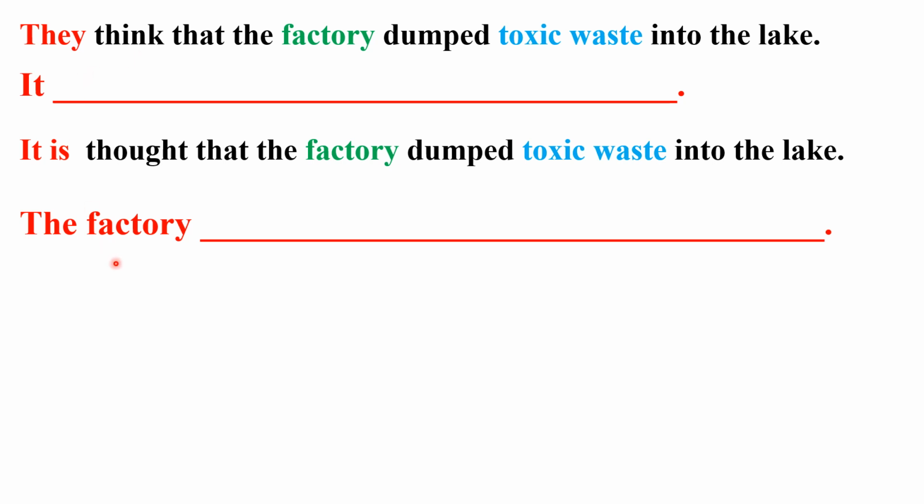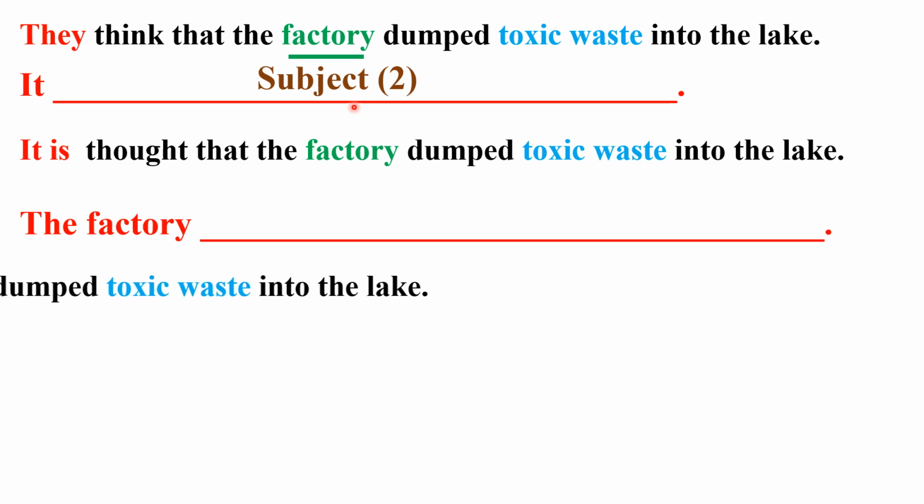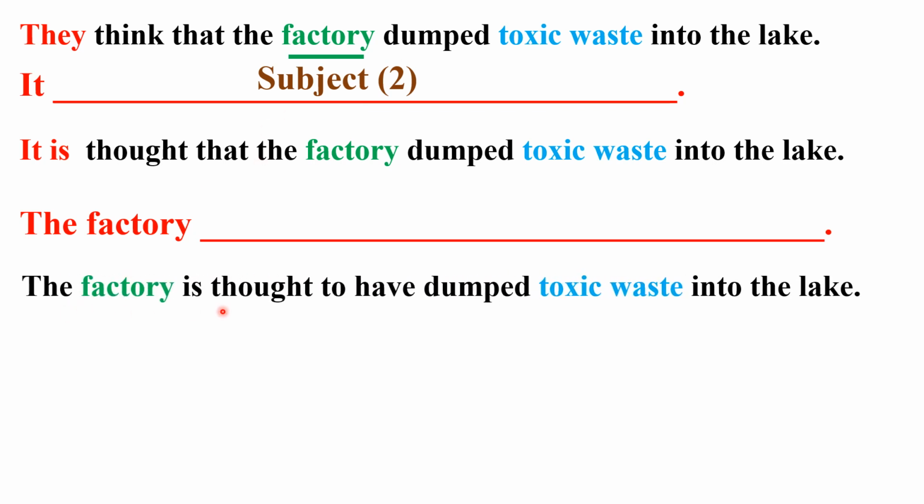The factory is. Think, thought. The factory is thought to, and then pause for a while. Be patient. Why? To check. The factory is subject number 2. So we say the factory is thought, passive, out of think.